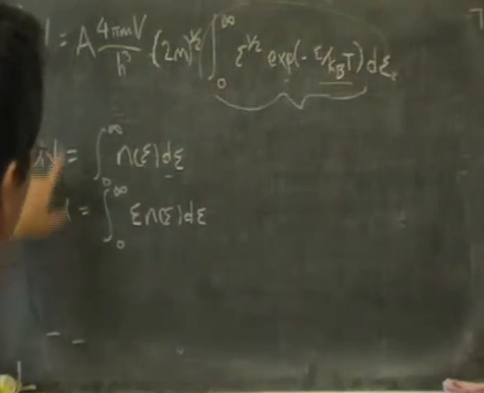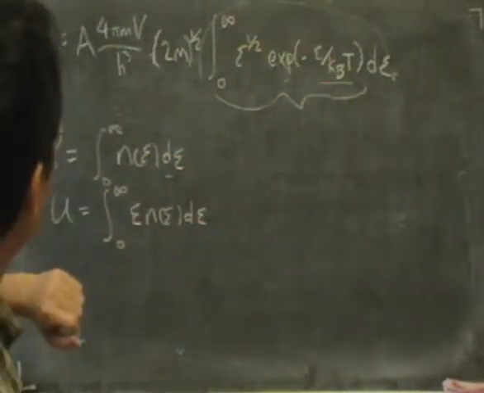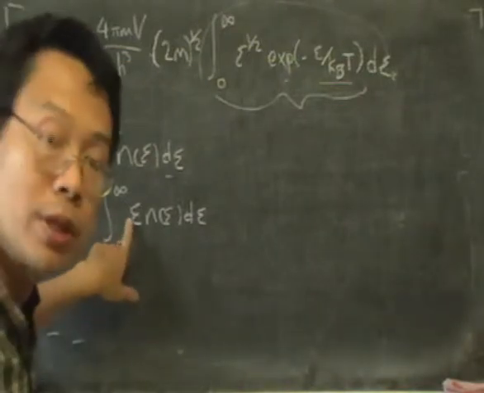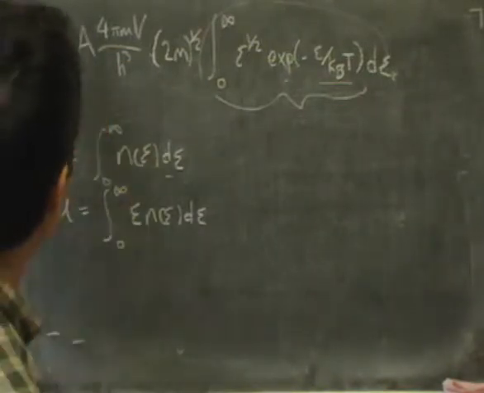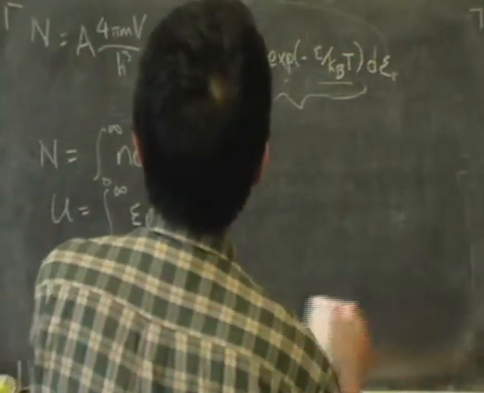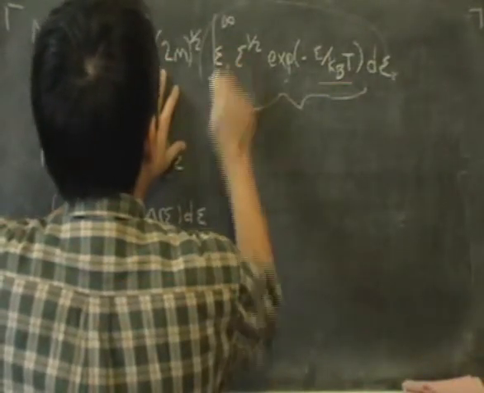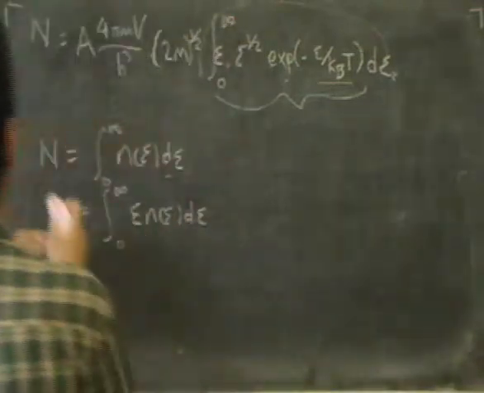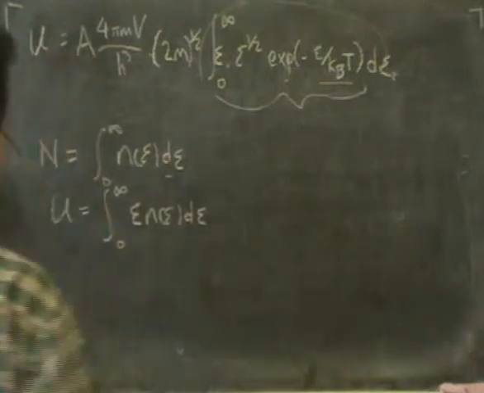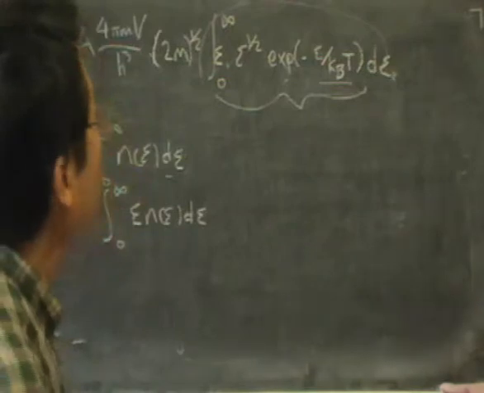If I look at these two, and if I already have an expression for N, you see that the only difference is the additional factor of E in the integral. So I can simply rewrite this. If I insert an additional factor of E there, this N here becomes U. So that's just some convenient mathematics there.